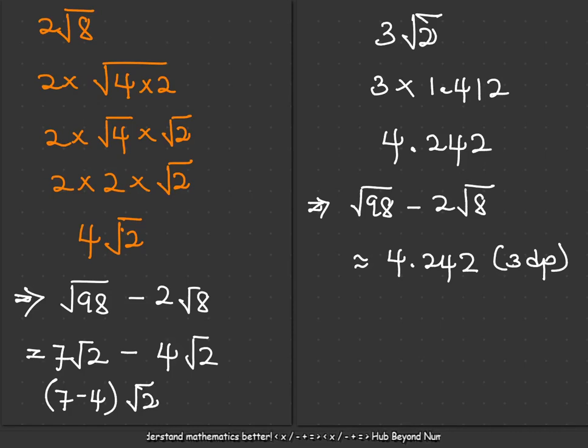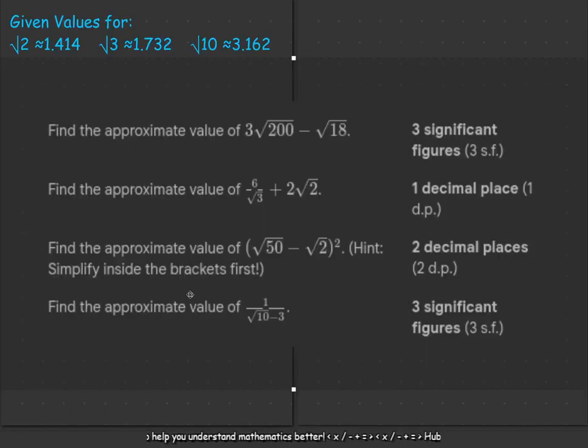If you want to approximate a surd, simplify the surds to their least terms, after which you do your appropriate substitution. So this is how far this lesson is going to get now. You have 4 questions here.